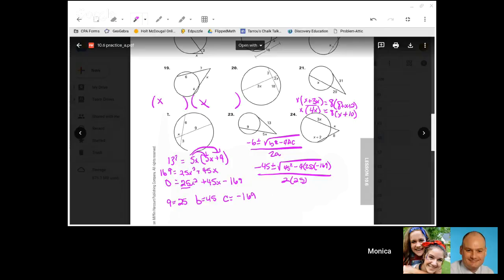Do you see that? Okay. And then you just multiply like we did before. You just distribute in. So x times 4x is going to be 4x squared. And over here, it's going to be 8 times x, which is 8x, and 8 times 10, which is 80.